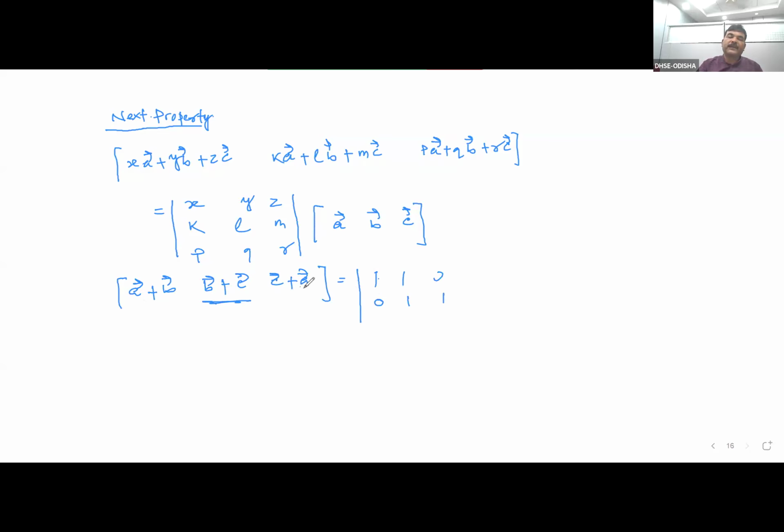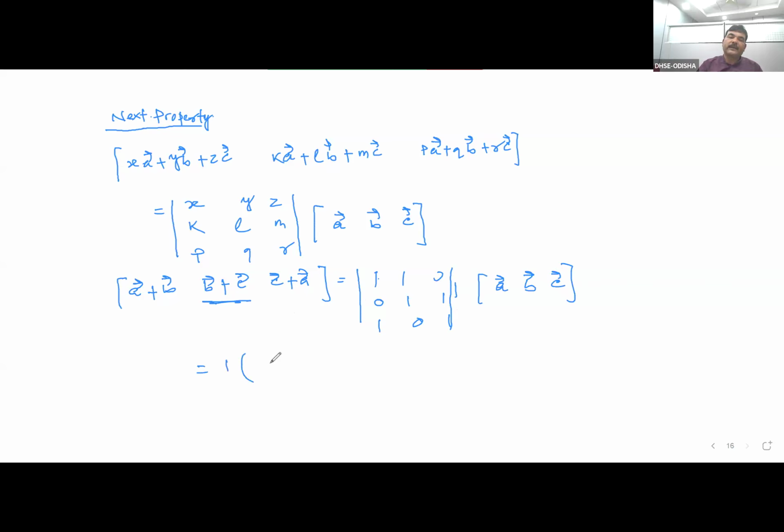Here coefficient of A is 1, coefficient of B is 0, and coefficient of C is 1. 1, 0, 1, into box product of A, B, C. Okay. Now we have to expand this determinant along the first row.